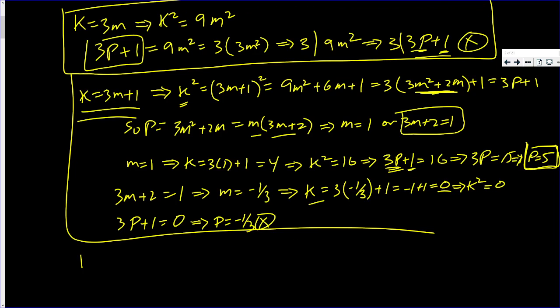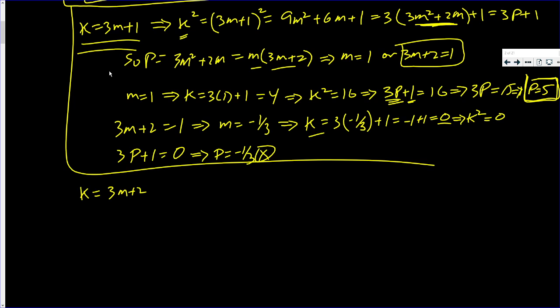Okay, what about the last possibility? k is of the form 3m plus 2. Well, that would imply that k squared is 3m plus 2 squared, which is 9m squared plus 12m plus 4. 2 squared is 4, but I'm going to write that as 3 plus 1.